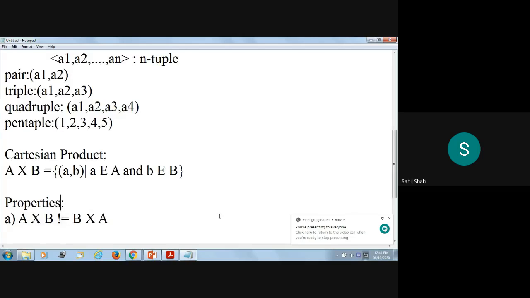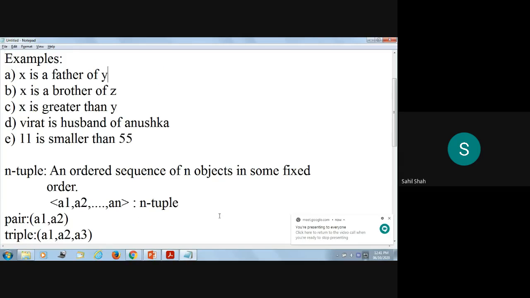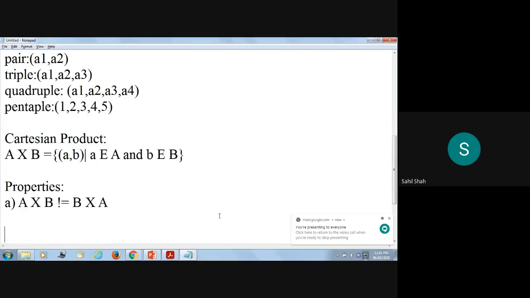We have already seen, I cannot say X is a father of Y is equal to Y is a father of X. In Cartesian product, we are taking pairs. One element will be picked from A, one element will be picked from B, but A is lying on the left hand side of the comma while B is lying on the right hand side of the comma. This is important. What I observe is that this Cartesian product is not commutative. Do remember, it is not commutative.